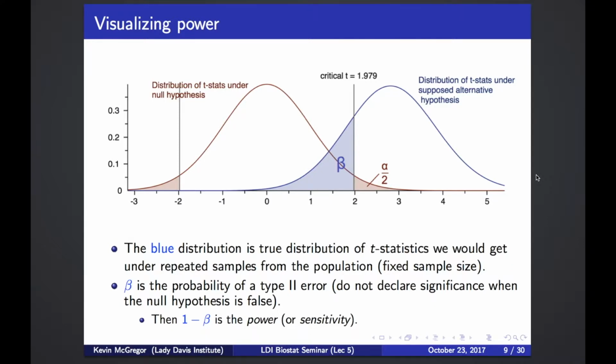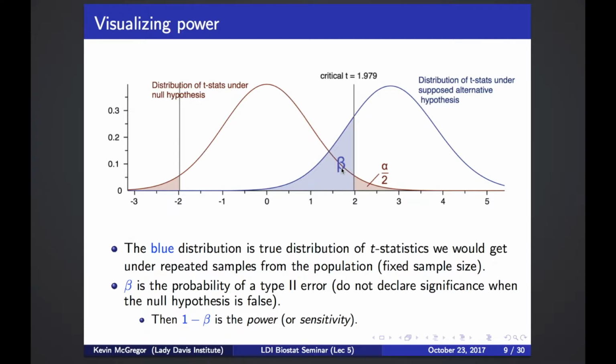So here's what this power calculation looks like in terms of the t-statistic distributions. On the left side, the red distribution is the distribution of the t-statistics that you would get under the null hypothesis. So this is exactly the same thing that we would be looking at when we do our t-test.